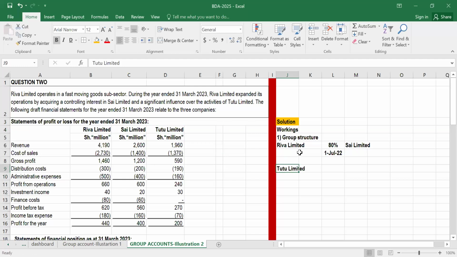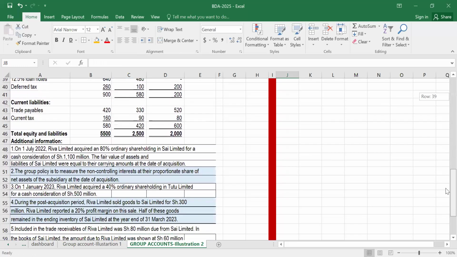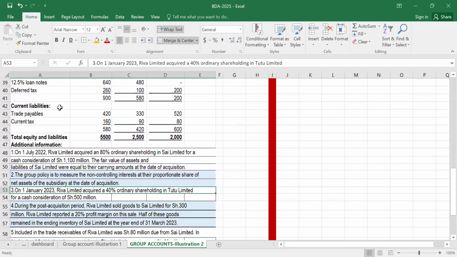We are also given the date of acquisition, which as per note number 3 is 1st January 2023.